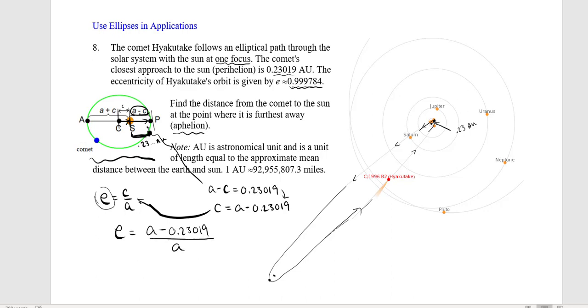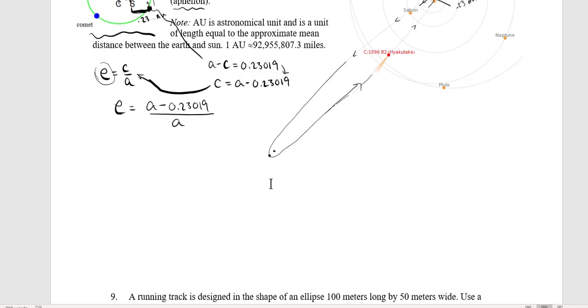And what else do we know? Well, we know the eccentricity, right? So we know this eccentricity's value. If I can solve for A in terms of that, I can plug in a number for that and find A. So let's see if I can do this. I'm going to split this fraction up.